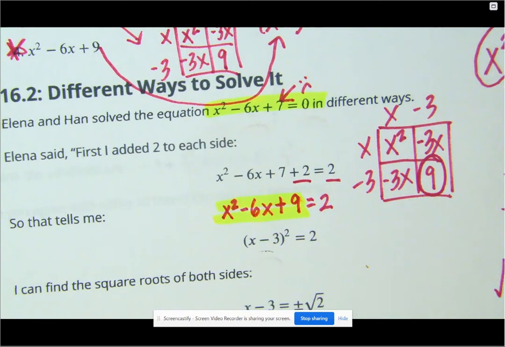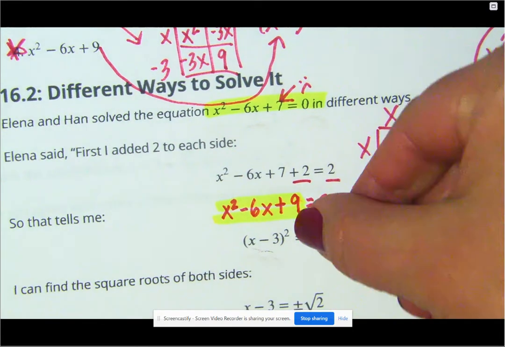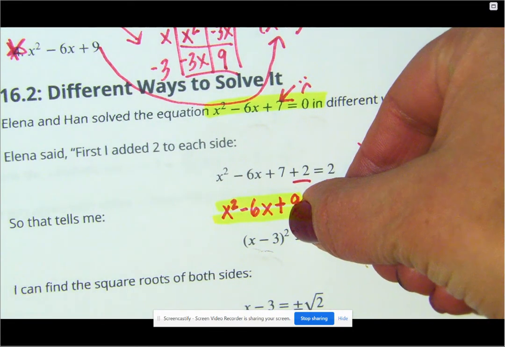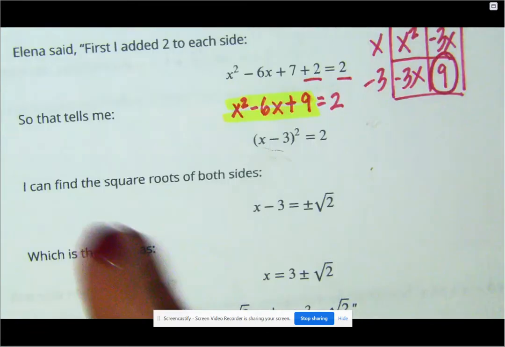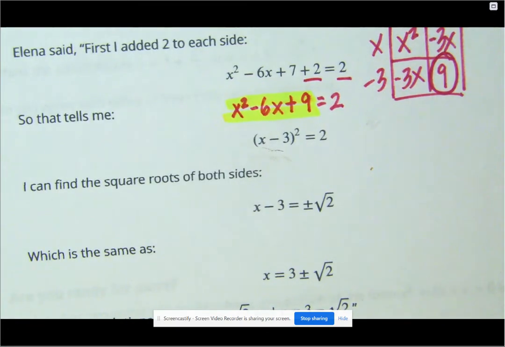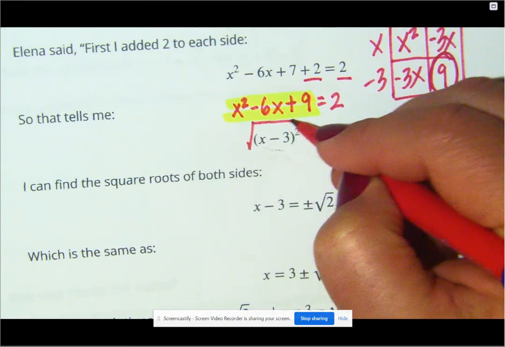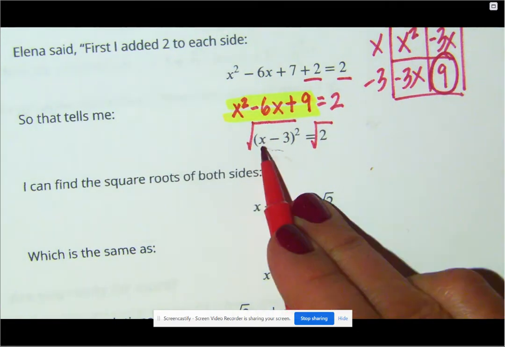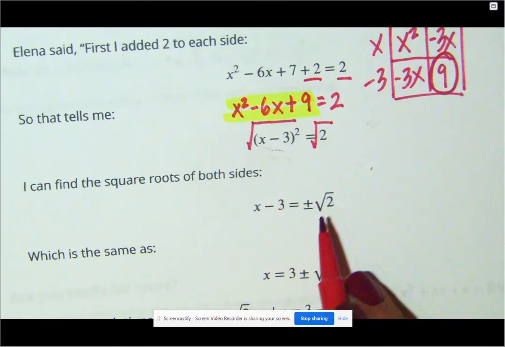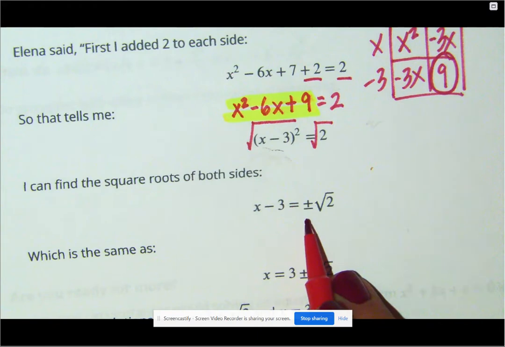Now, why do we care about that? Because now look, we don't have x squared and x, we just have x. And it's being raised to the second power. Well, I can isolate that. Elena says she takes the square root of both sides, so she goes like this. And because this problem is something squared, you're going to consider the positive and the negative square root of 2.